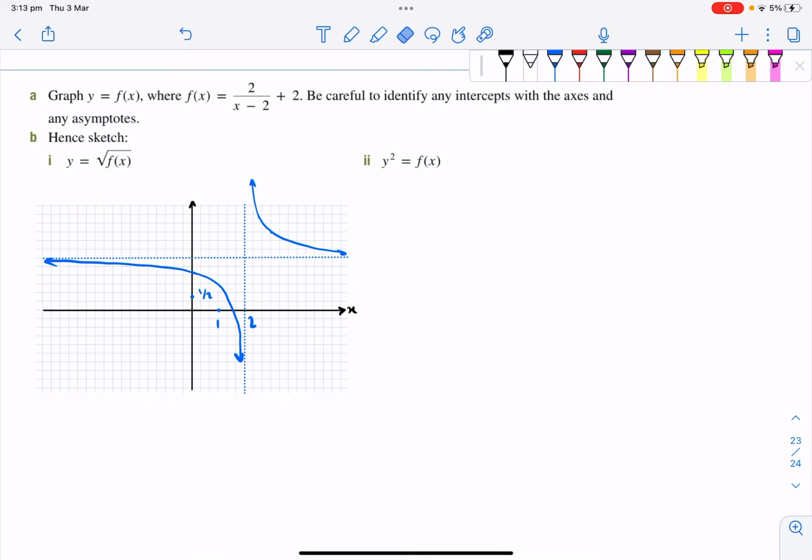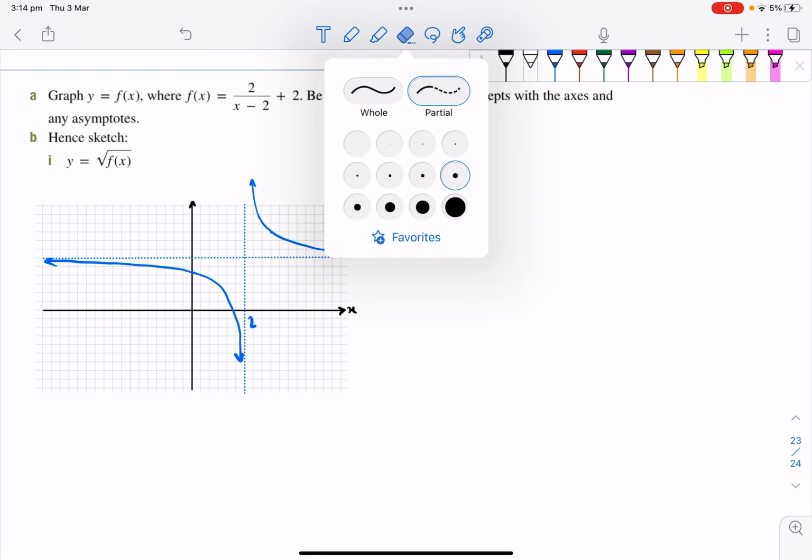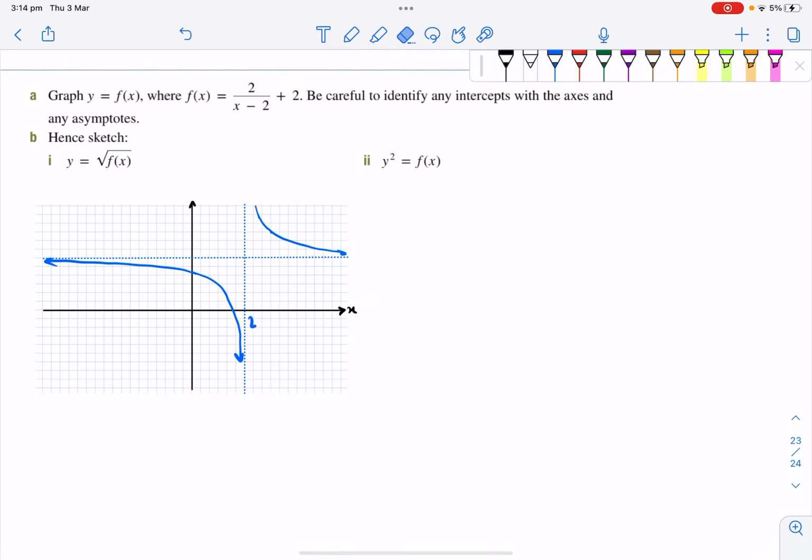Because if you notice, it's got the same asymptote, which is perfect for me. All right, I think that's quite good right there. Clean that up. There we go. I'll need to extend this part here a bit.